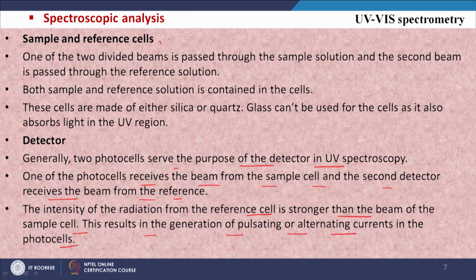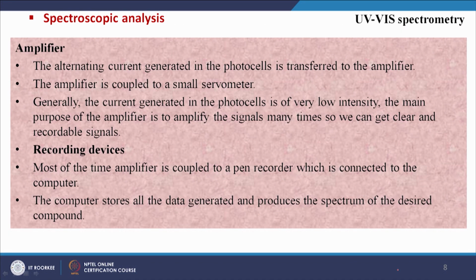So, the intensity of light transmitted from the sample is lower than that of the reference, and there will be variations generating pulsating or alternating currents. The amount of current generated is not very high, so it has to be amplified.